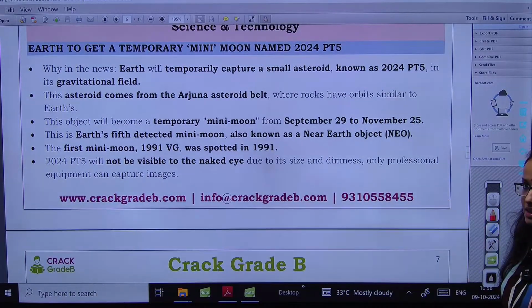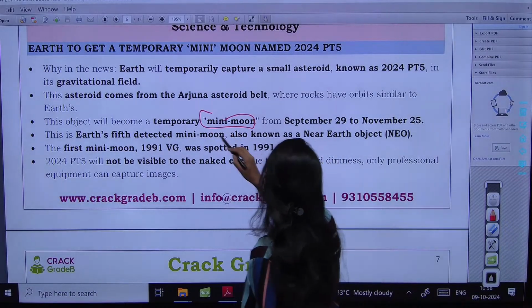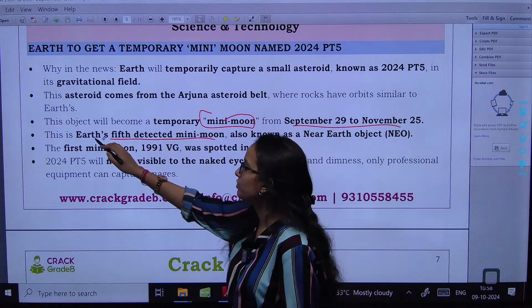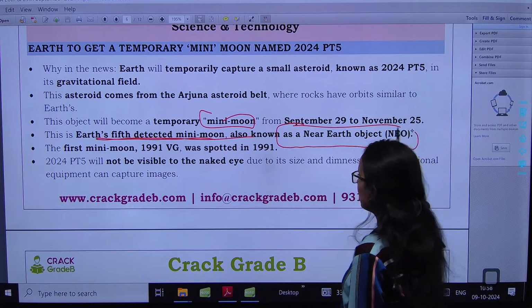And it is said that it will become a temporary mini moon from September 29 to November 25. Also, if you see the series, it is Earth's fifth detected mini moon, also known as a near Earth object.